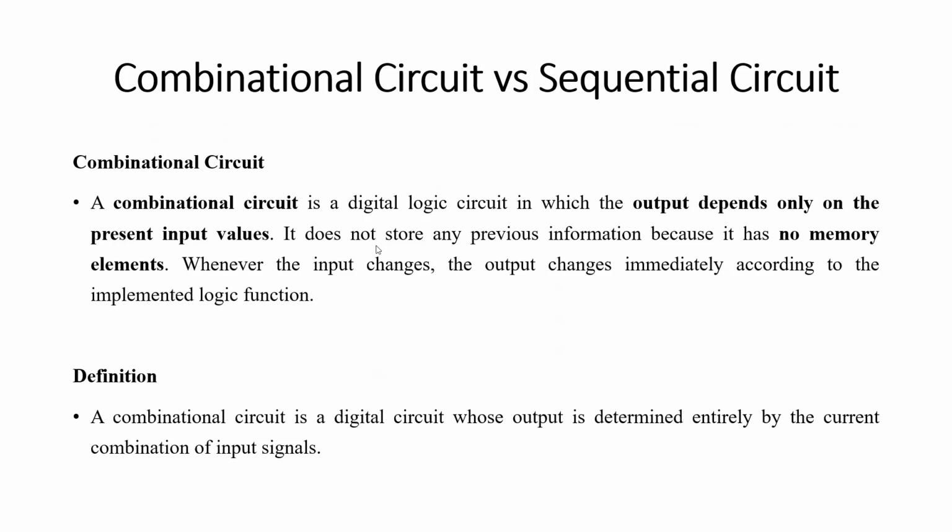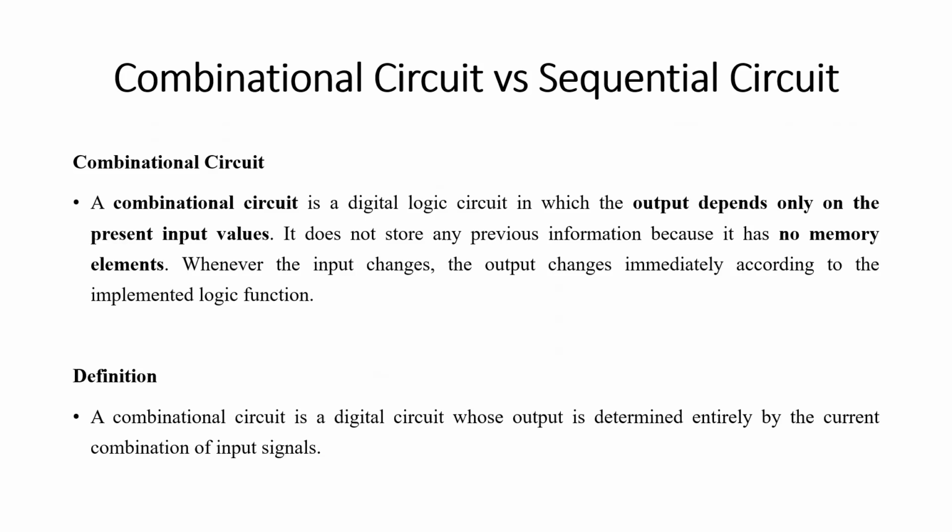So here you can see the definition. Sometimes they will ask for the definition directly, statement-based questions. A combinational circuit is a digital logic circuit in which the output depends only on present input values. I have marked it in bold because it's very important.